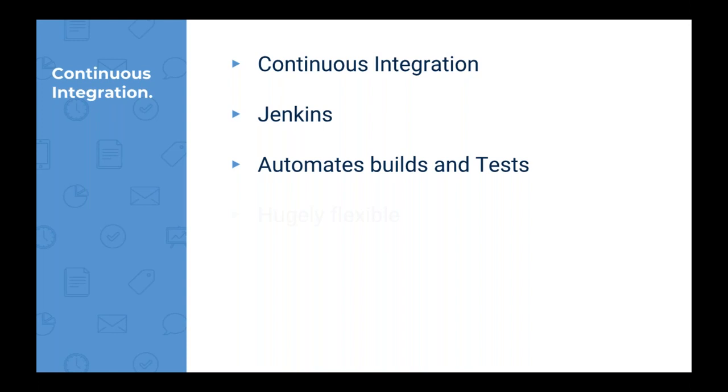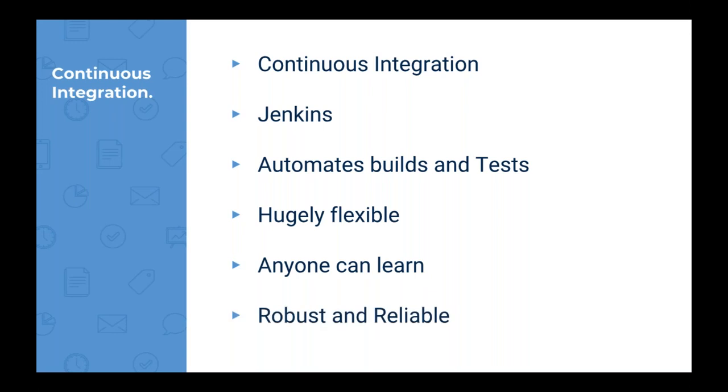And Jenkins is unbelievably popular across the world, primarily because it's very flexible. It's easy to learn. You do not need to be a rocket scientist to be able to set up something on Jenkins. Anyone can learn Jenkins, and Jenkins is quite robust, and it is very reliable.